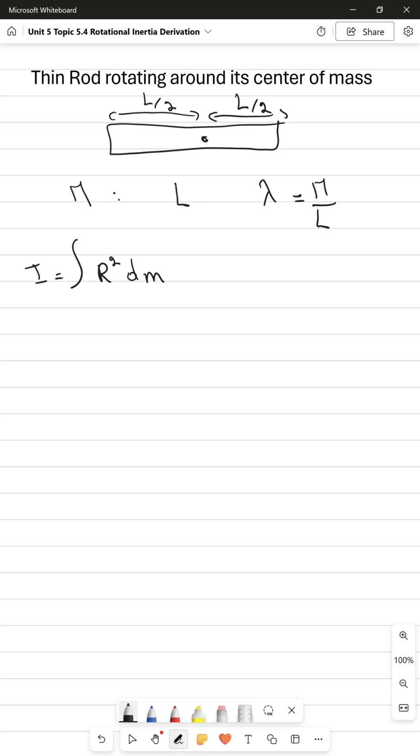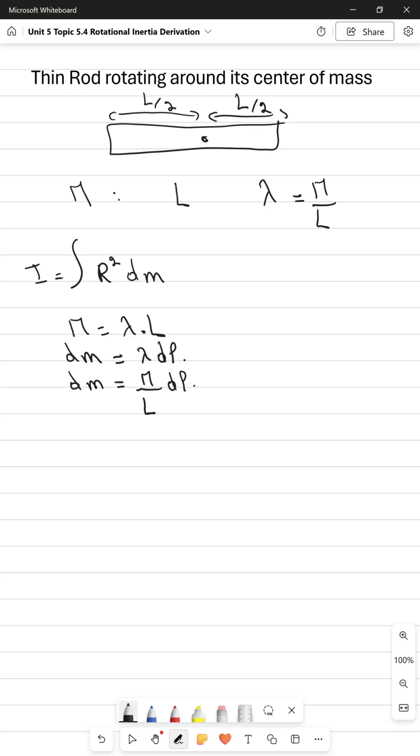We are going to find it from lambda equals m over L. So in that case, m is going to be equal to lambda times L. So dm, the change of the mass, is going to be equal to lambda times dl. We are going to replace lambda, since it's a constant, by m over L. So dm will be equal to m over L dl.